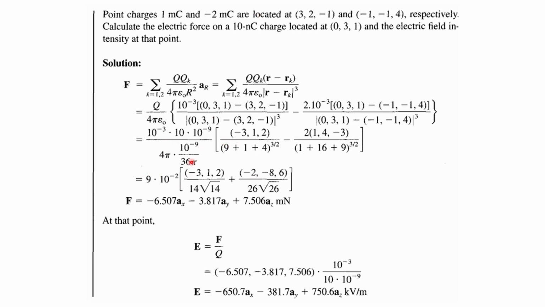In this manner you can find it. Once we get the final value of the force, you can easily find the intensity, that is E is equal to F by q. So this is the final answer for your electric field intensity, right?